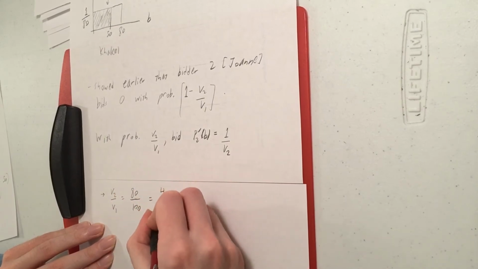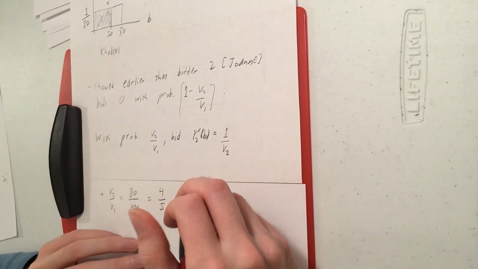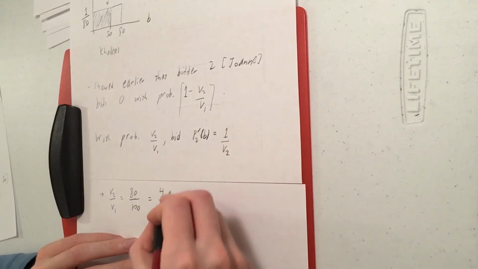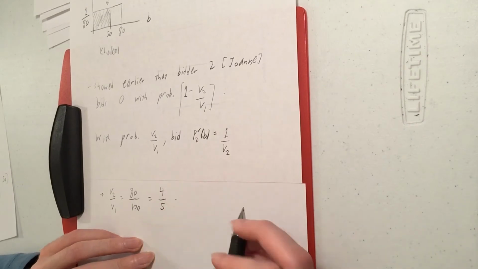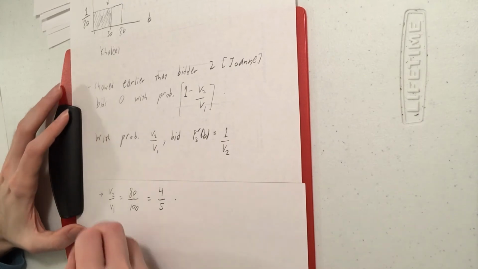That simplifies to 4/5. So this becomes, with probability 4/5, we bid according to that rule.